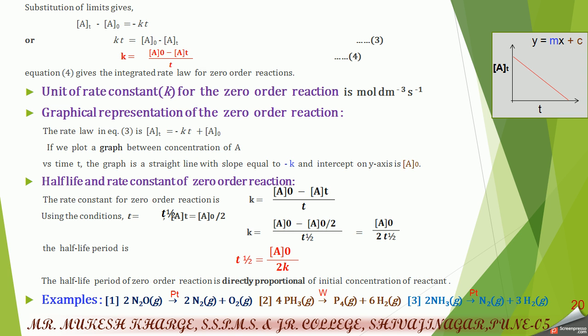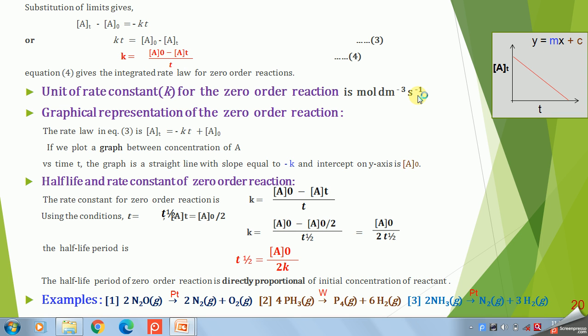So when you calculate the rate constant for zero order reaction, the subtraction of concentration has the unit mole per dm cube or mole per liter, which is divided by time in seconds. So what is the unit for rate constant? It is mol dm raised to minus 3 second raised to minus 1. Okay, so this is your unit.